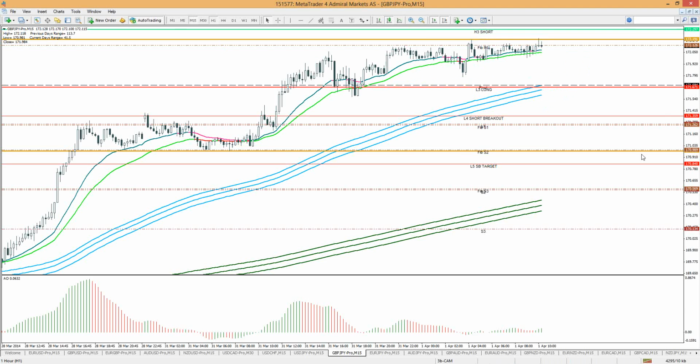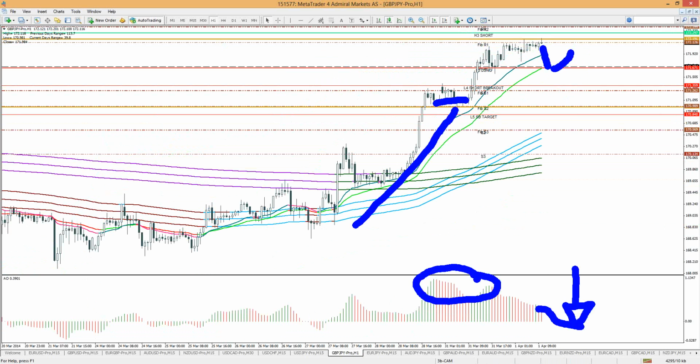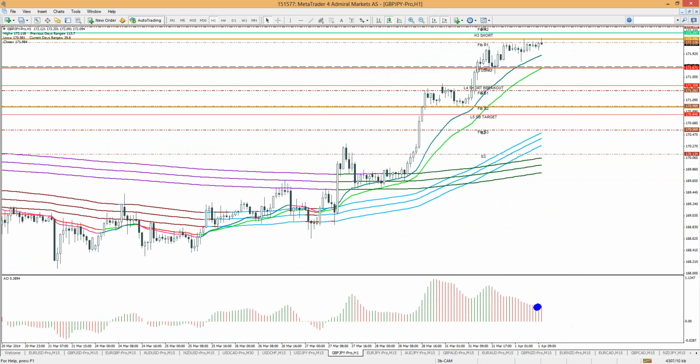In that regard, when we do make that move down to the L3, the AO will probably move down to the 0 line. And once it's down to the 0 line, we'll see the retracement finish, basically, because that's what it means when the AO is back to the 0 line. And we'll probably see one more move up, because this is a very strong AO reading, which means there's a lot of momentum on the hourly, which means that even though we might retrace back to the 0 line, there's a high chance to break this top.